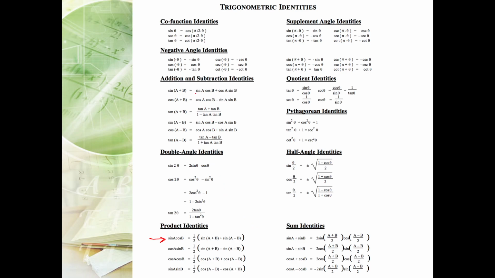What we use for the negative angle is this one. For the sum to product is this one. And for the half angles is this one. There are a lot of different identities to be mentioned, but you only need those that are important.